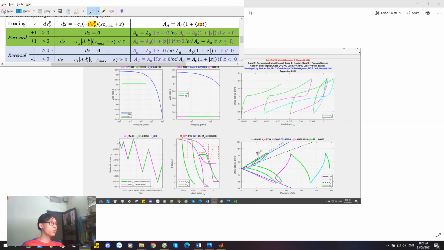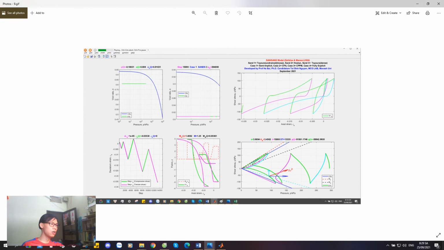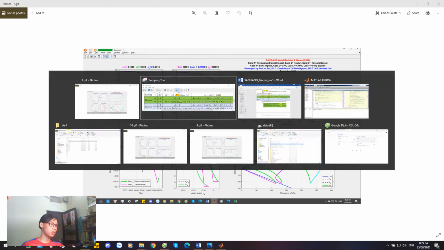And when we come to the dilation, like that, when the loading surface meets the dilation line, we have dZ negative. So it makes our Z move from positive to 0 and to negative.